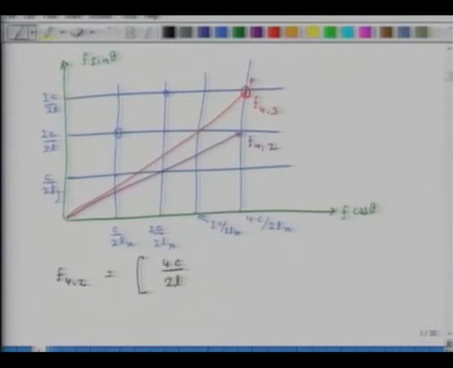Basically, the length of this vector is the magnitude of the frequency. So it is 4 times C over 2Lx whole square plus 2 times C over 2Ly whole square, the square root of the whole thing.